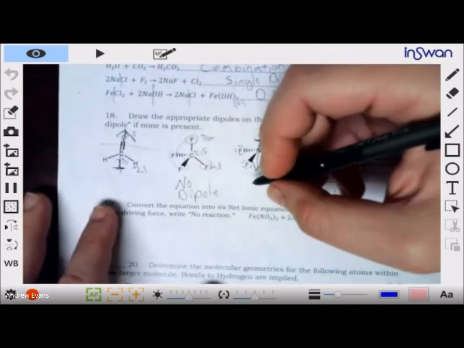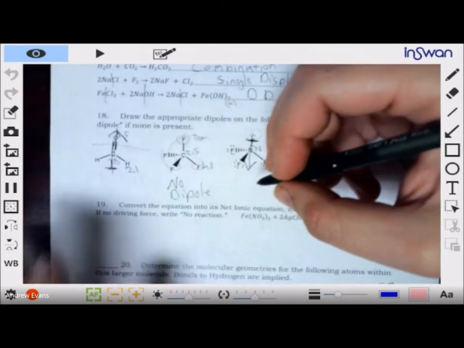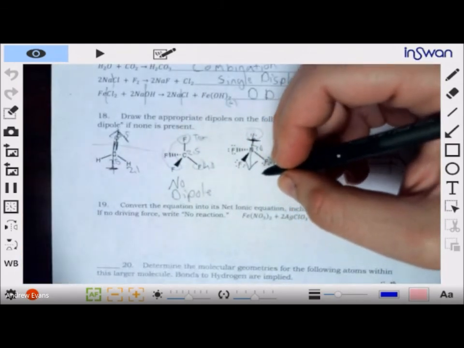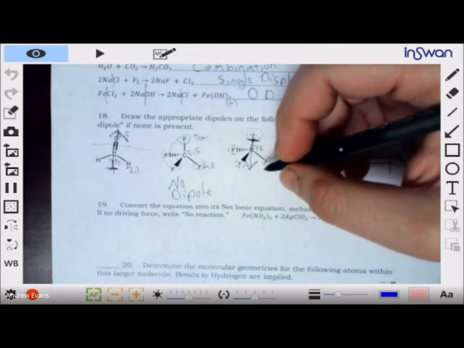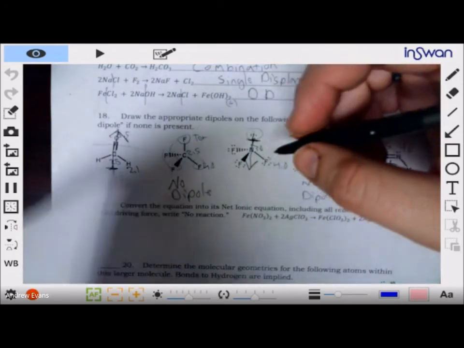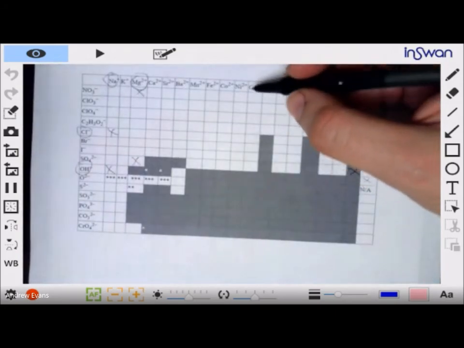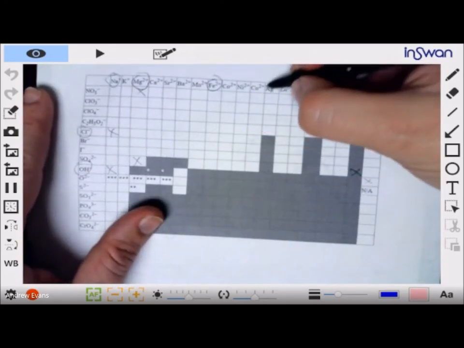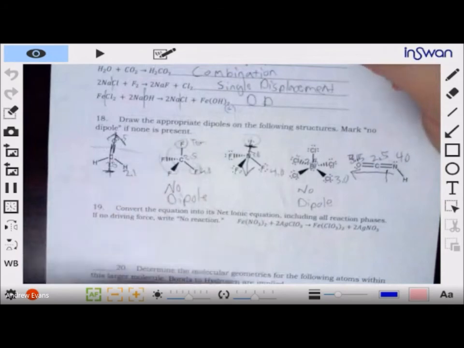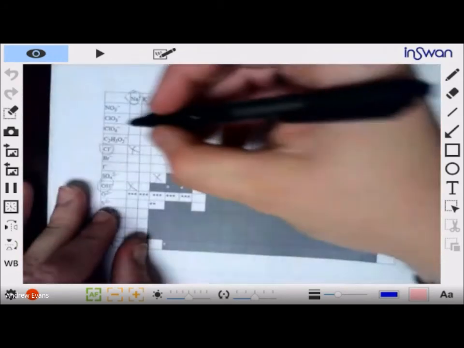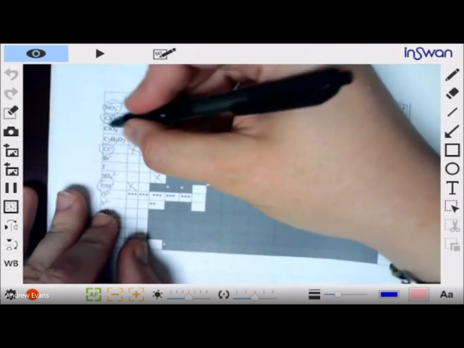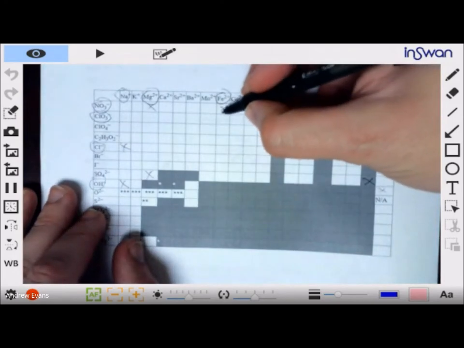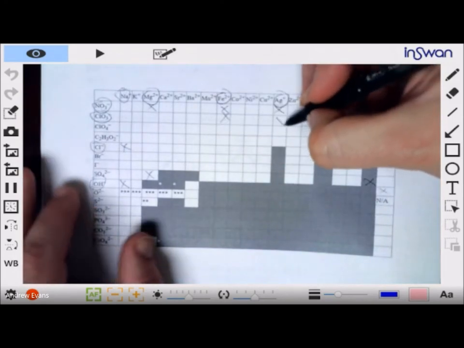Convert the following equation into a net ionic. Iron nitrate, silver perchlorate goes to iron perchlorate and silver nitrate. So here's iron and silver. There's nitrate and chlorate. Iron, nitrate. So notice all these are aqueous.